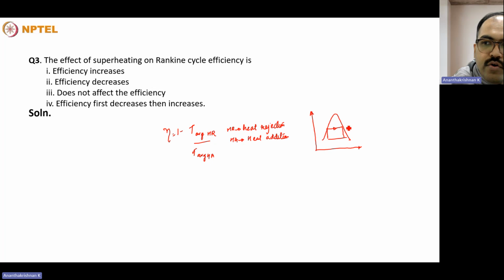So currently, this is the case where there is no superheating. Everything happens inside the vapor dome in a TS diagram.